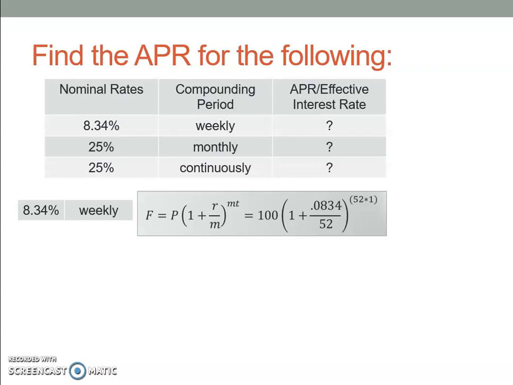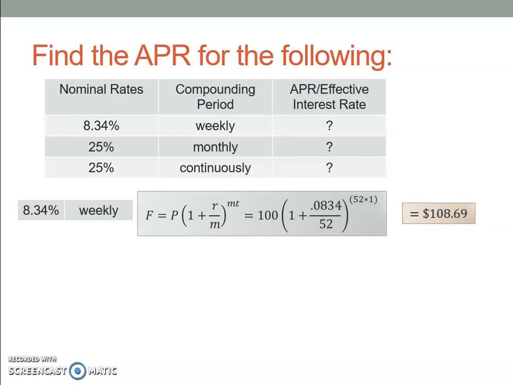Then in decimal form, the 8.34 becomes 0.0834. And since it's compounded weekly, your M is 52. And then your exponent is 52 times 1. So go ahead and try to put that in your calculator, and hopefully we come up with the same answer.